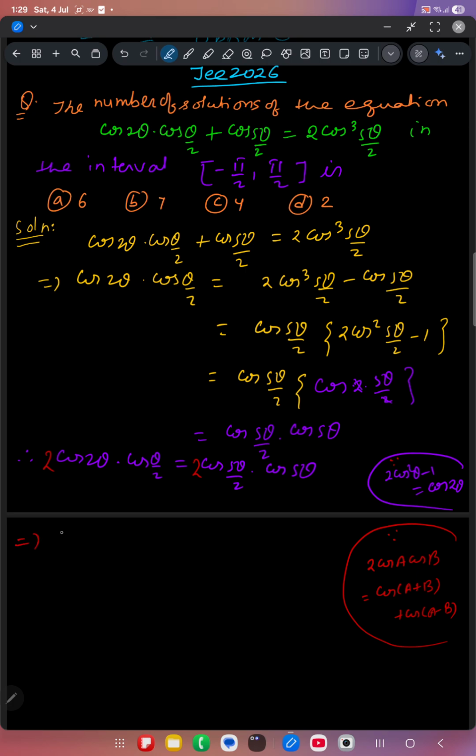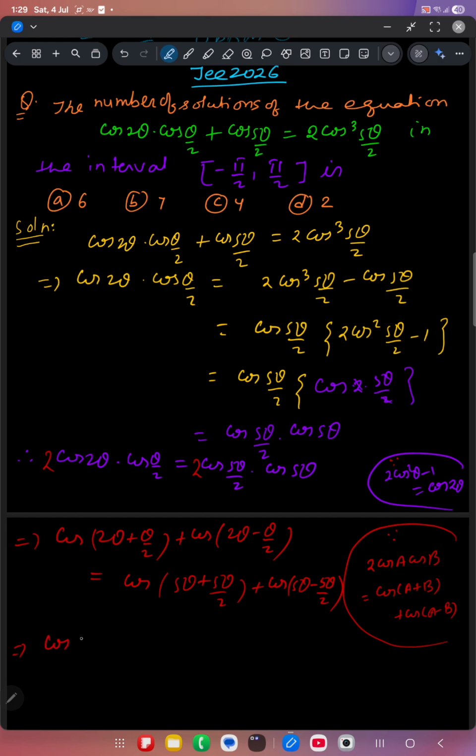This will give you cos of A plus B, meaning 2θ plus θ/2, plus cos of A minus B, meaning 2θ minus θ/2, and is equal to, on the right side, cos of 5θ plus 5θ/2 plus cos of 5θ minus 5θ/2. Isn't it? Simplify it.